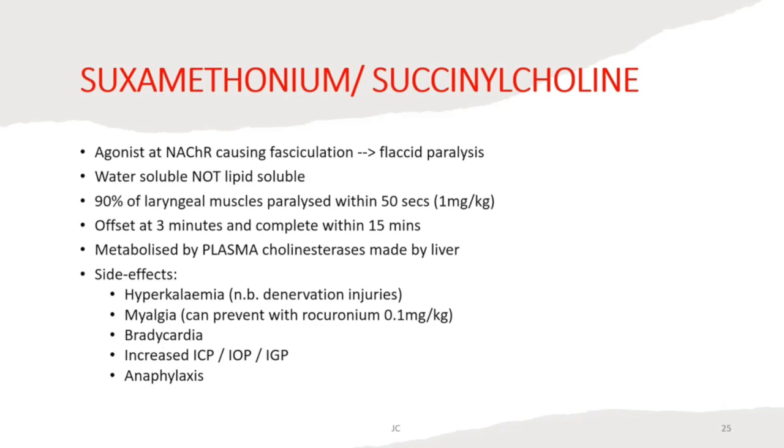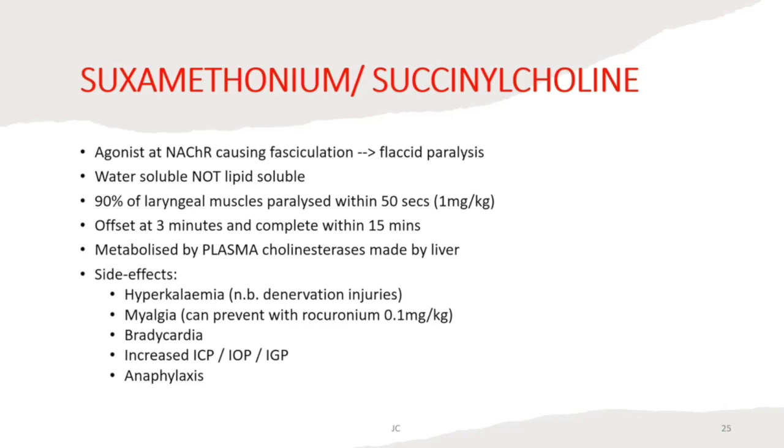So I think all the neuromuscular blockers are lipid insoluble. And the significance of that being that they don't cross the placenta, they don't cross the blood-brain barrier, and interestingly, if you ingested a vial of SUX, it shouldn't have any clinical effect at all.